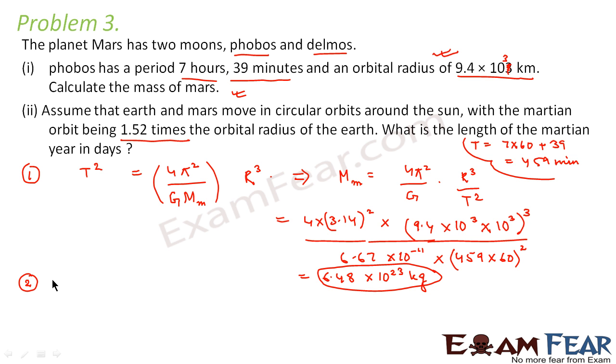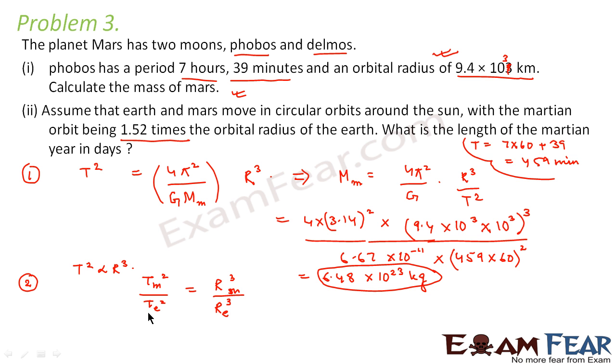So in the second case, again we'll apply Kepler's third law, which says that T square is proportional to R cube. Right? So we will say that time period for Mars square divided by time period for Earth square is equal to radius for Mars cube divided by radius of Earth cube.